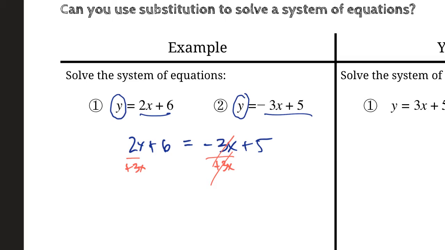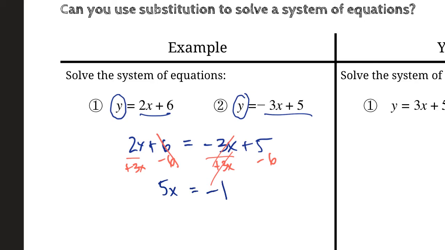But I also want to move this 6 to the left side, right? And I'm going to do that by subtracting 6 and subtracting 6. So that's going to get rid of these. And if I look at what's left on the left side, it's just going to be 2x plus 3x, which is 5x. And on the right side, all that's left is 5 minus 6, which is negative 1.